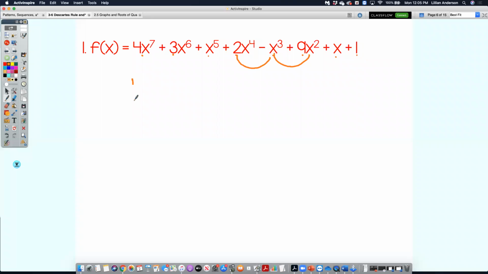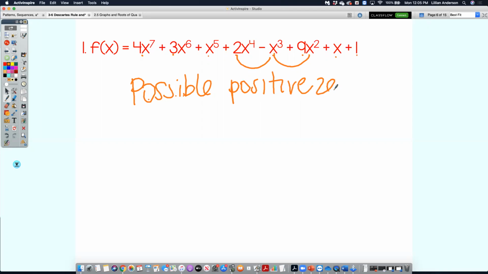Okay? So the possible positive zeros, the max is going to be 2. Then it says count down by 2 to find all the possible number of positive zeros. Well, when I count down by 2, what's the next one?